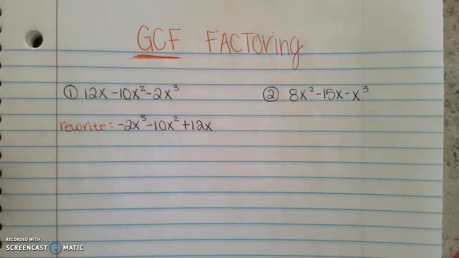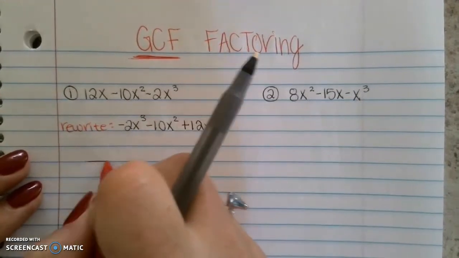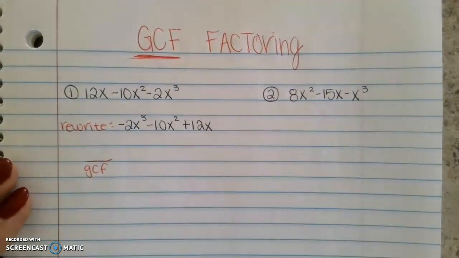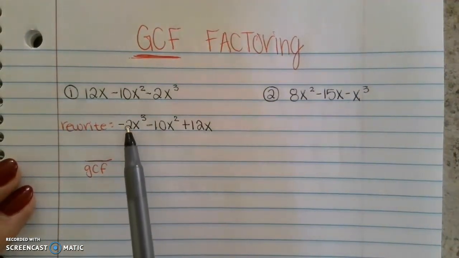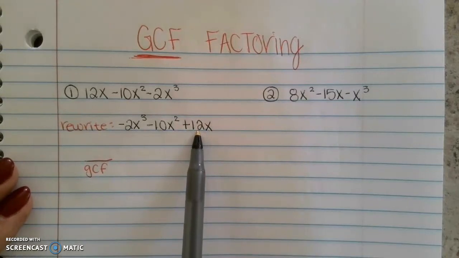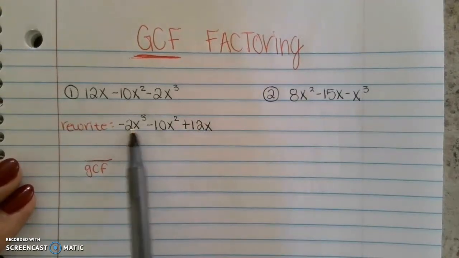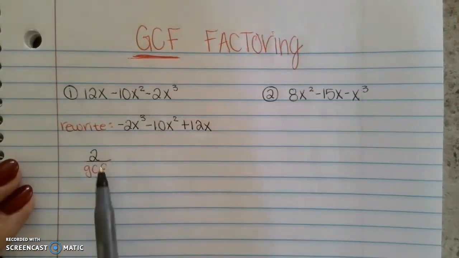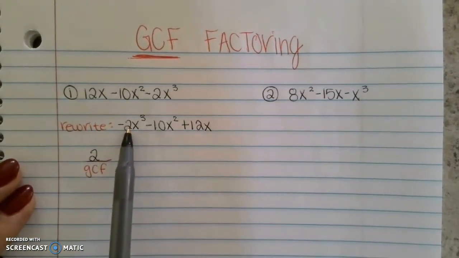So I would suggest every single time, if it's not already in order for you, to go ahead and rewrite it in order. So next step we want to do is to go ahead and find our GCF to then allow us to be able to factor this. So greatest common factor, I need to look at all of my terms and see what goes into all of them. Looking at all of these numbers, these are all divisible by 2. So 2 is my greatest common factor, but careful.